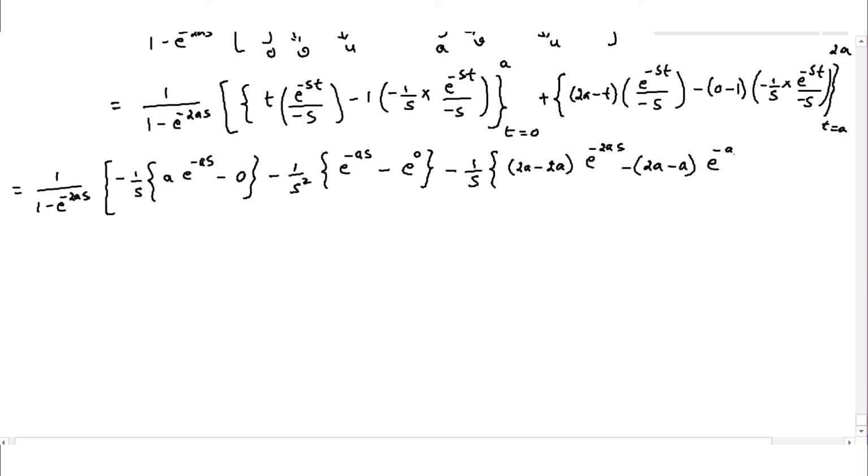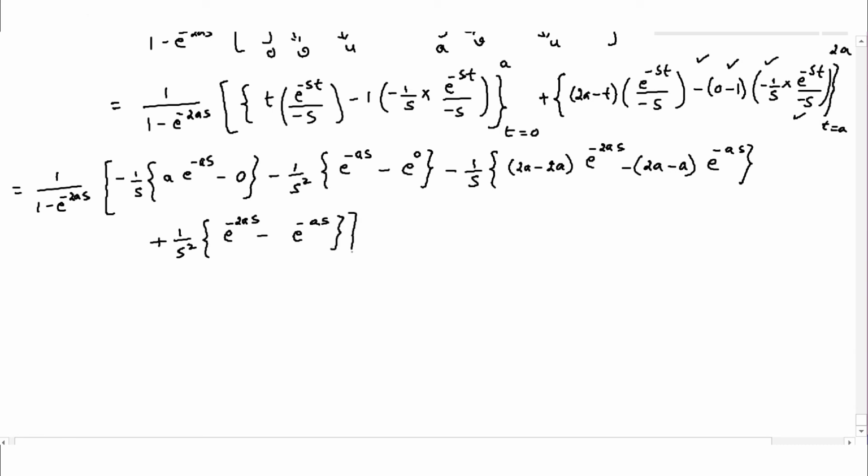So upper limit and lower limit is complete for this term. Move on to the next one. How many negative values are there? Minus of, minus of, minus of, this minus. 4 times minus is there, therefore it becomes positive. I'll rewrite over here. Plus, the common value is s square, 1 by s square. Now apply the upper and lower limit value for e power of minus st. So e power of minus of 2a, yes, that is upper limit value. Lower limit value will be e power of minus a, yes.